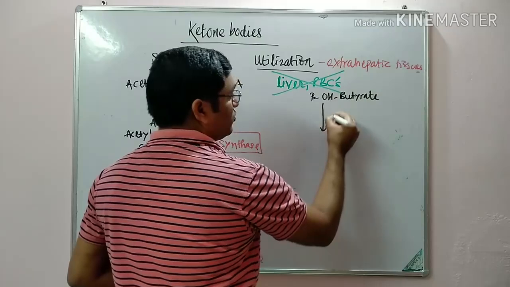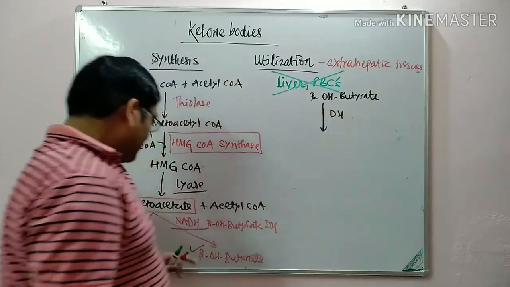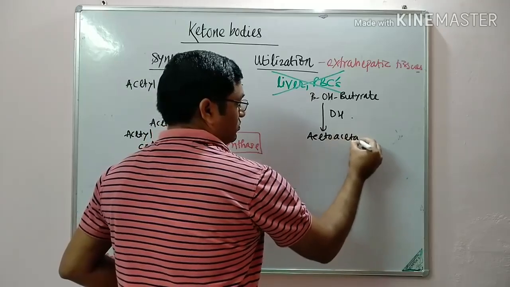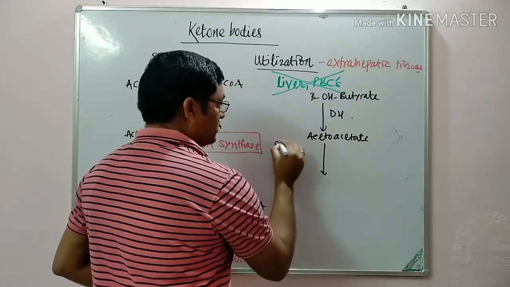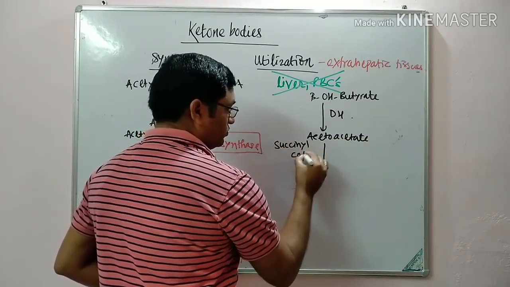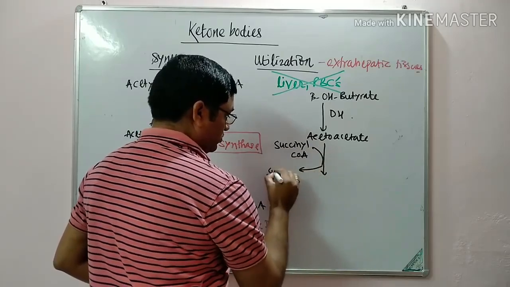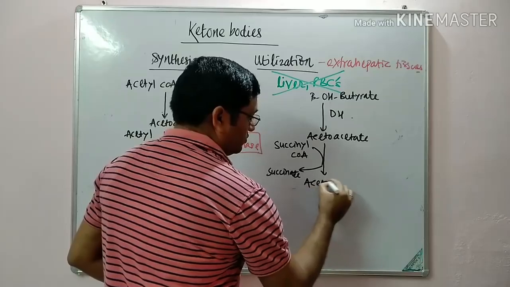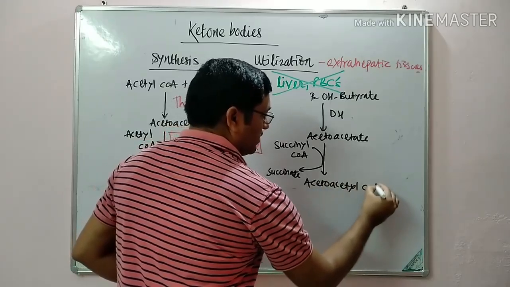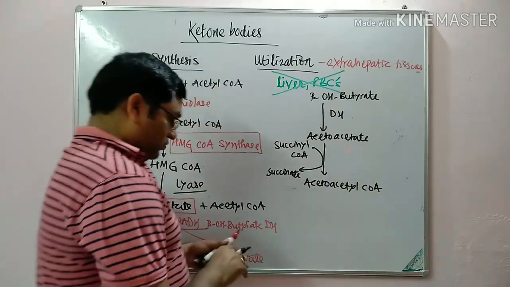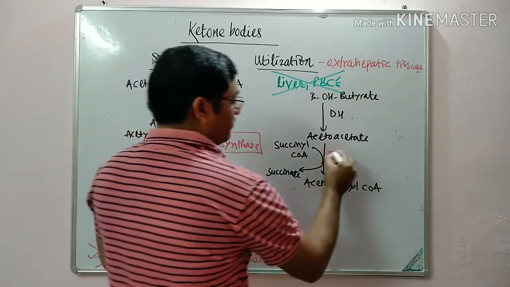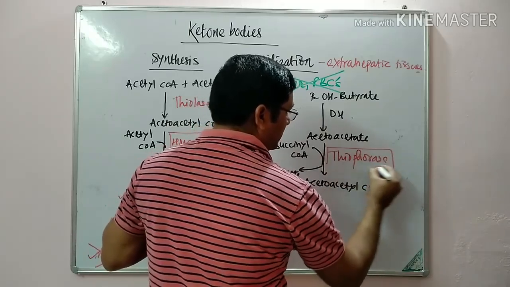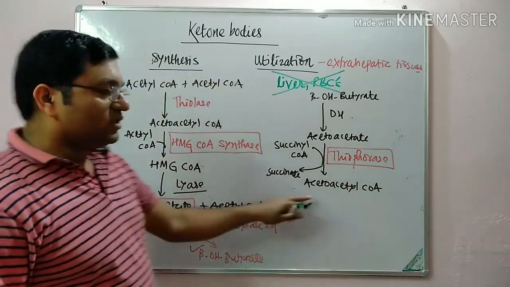In utilization, beta hydroxybutyrate, with the help of beta hydroxybutyrate dehydrogenase, gets converted into acetoacetate, which condenses with succinyl coenzyme A and gives acetoacetyl coenzyme A. This is with the help of thiophorase, which is absent in the liver, hence it is not metabolized by the liver.